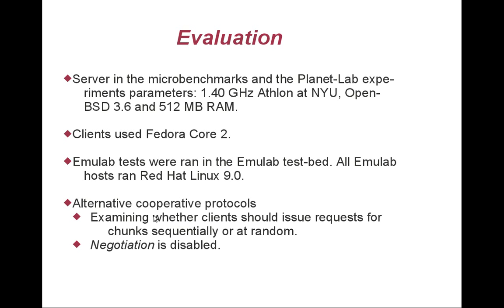You also have two cases in Shark where it uses sequential requests or random ones, and there is no negotiation. So in other words, clients may not reuse connections with proxies, and it cannot download multiple chunks once it's connected. So only one chunk per client.